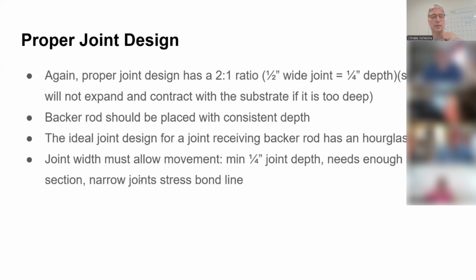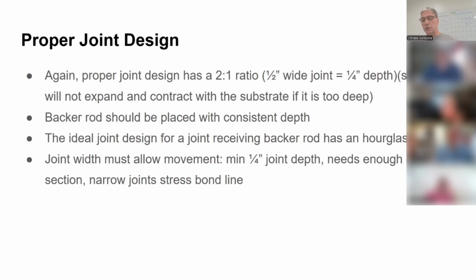Okay, and then joint width must allow for movement. You see people that have cracks in their driveway or something like that, and they'll grab a self-leveling sealant and just drop it in, right? And maybe it's an 1/8-inch joint. Well, an 1/8-inch joint doesn't have enough area for the sealant to be able to work properly.